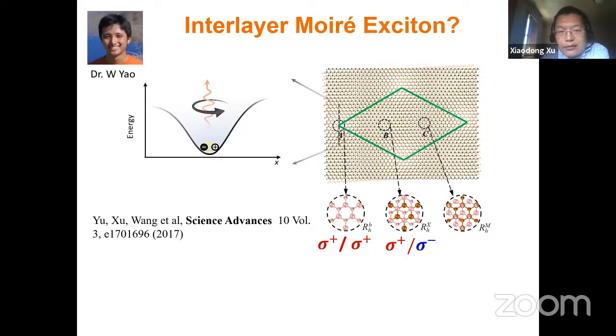Here I show you 3 high symmetry points, and due to these local crystal symmetries, the interlayer exciton will have distinct optical selection rules. For example, they can be co-circular polarized, cross-circular polarized, or maybe linearly polarized. Cross-circular means that when I excite the system with sigma plus, the light emission will be sigma minus.